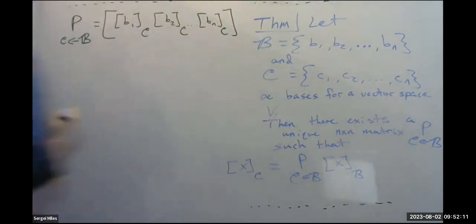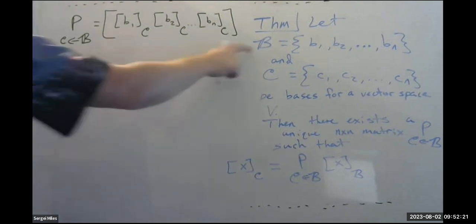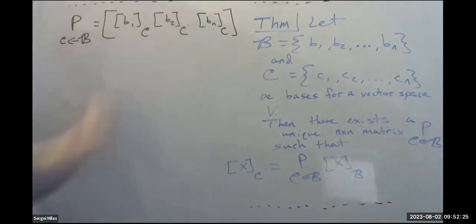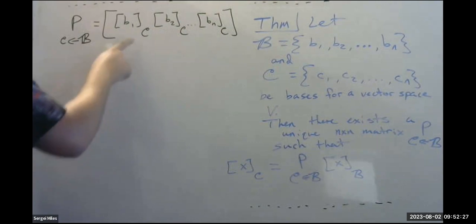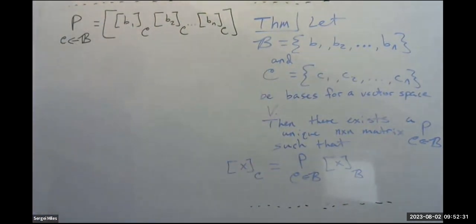So this is our formula. This is the big take home from today's lecture. If you're trying to go from a B basis to a C basis, then you have to plug in your B vectors and rewrite them in terms of the basis you're trying to go to, right?